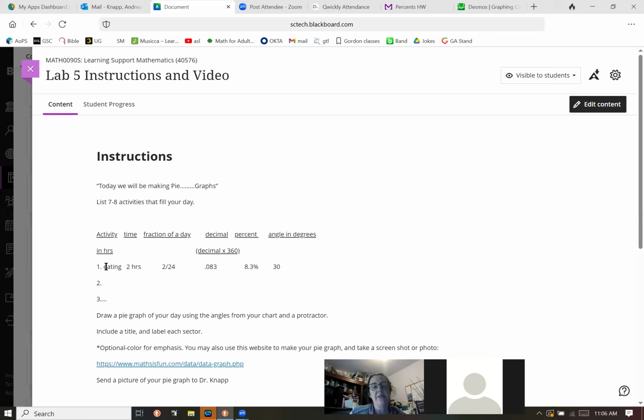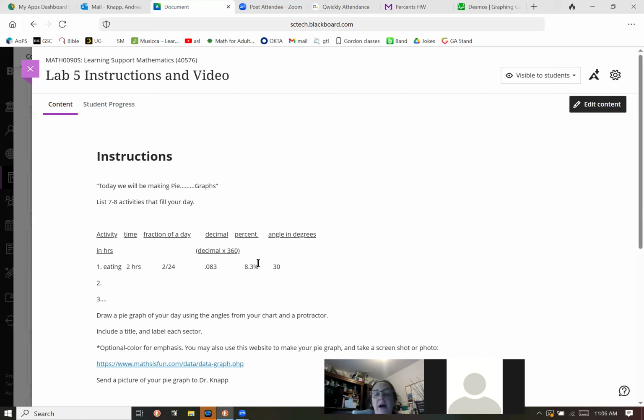So for example, in this first example, eating, 2 hours spent eating, then turn that into a fraction, 2 hours out of 24 hours. Then turn that into a decimal by dividing 2 divided by 24. It's 0.083. Write that as a percent by moving your decimal 2 places to the right, 8.3%.